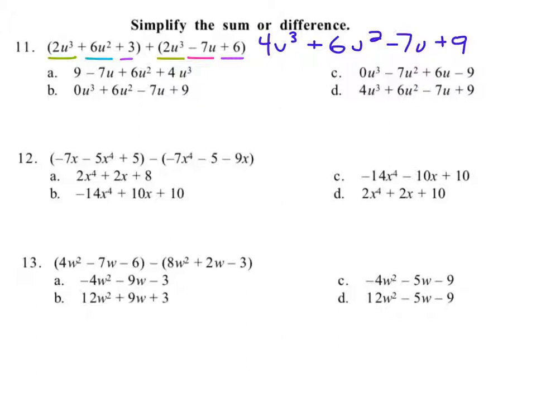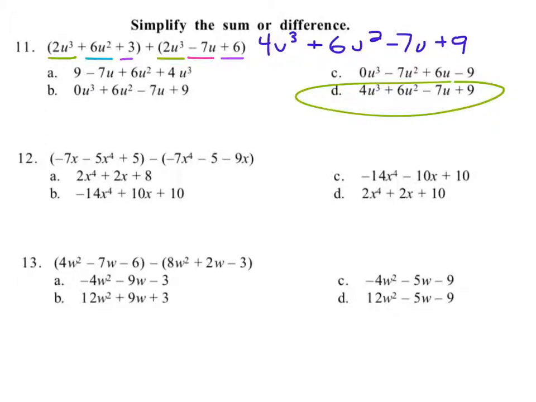So if we look and say, where do we see that answer? Remember, we're going to be putting it in descending order from the highest degree term first to the lowest degree, and you see that's answer D, 4u cubed plus 6u squared minus 7u plus 9. Right there.